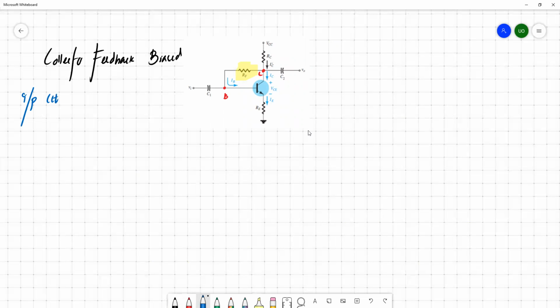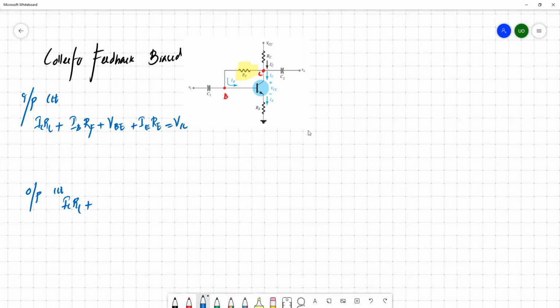Then we have IC RC plus, this is your IB, RF plus VBE plus IE RE equals VCC. Similarly, for the output circuit, we can derive an equation.